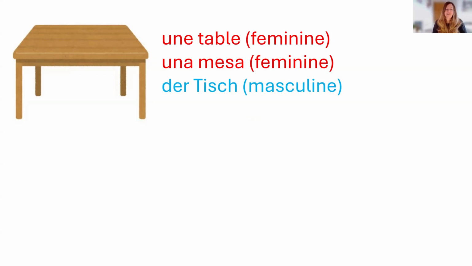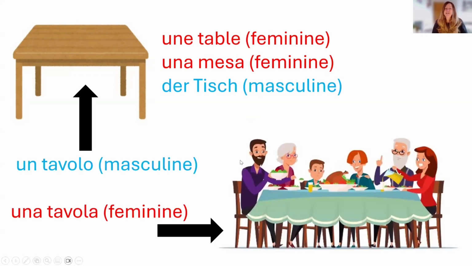It's not feminine in every language. In Italian, it's both. So in Italian, we can have un tavolo masculine or una tavola feminine, depending on the context that you're talking about, which just really proves that there is nothing masculine or feminine about these words. They really are just grammatical terms.